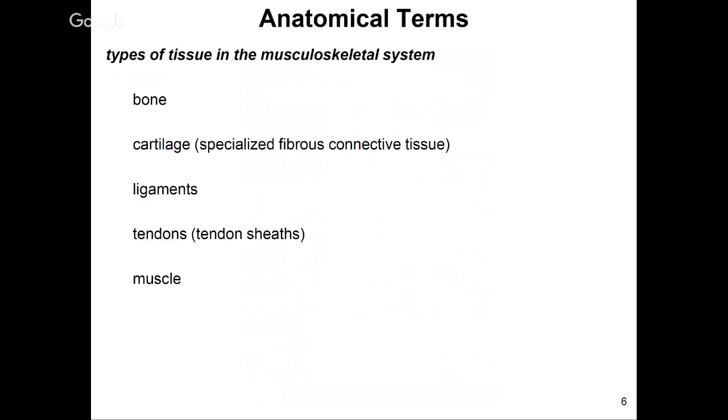With ligaments, tendons, or muscle, if you tear those tissues, you might be looking at months or even more for recovery. So in some ways, these soft and squishy tissues are harder to deal with.